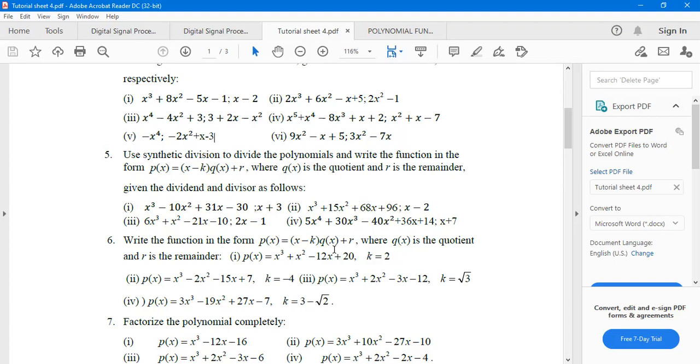So for this particular one, let me use question 3 as my example. It says x to the power 3 plus x squared minus 21x minus 10. Then the divisor is 2x minus 1. So using synthetic division, we need to get the value of x with which this polynomial is divisible.